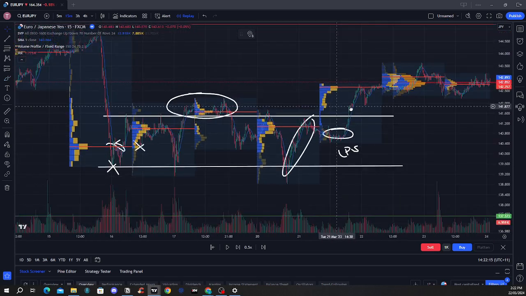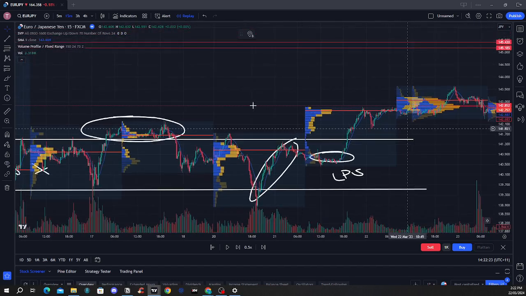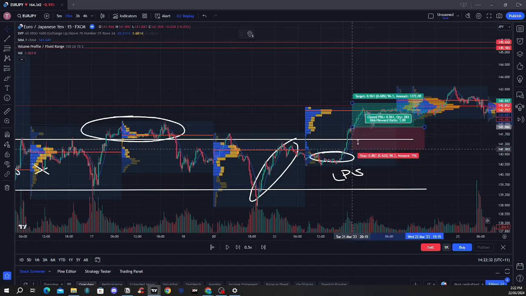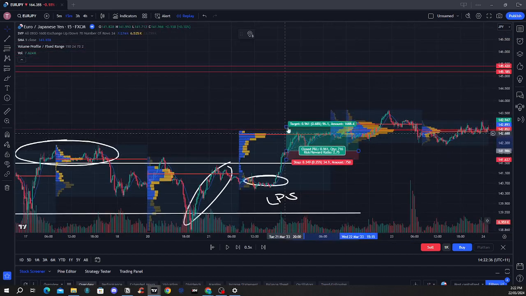And we have a breakout here into the low volume area. So essentially an entry could have been looked at here.